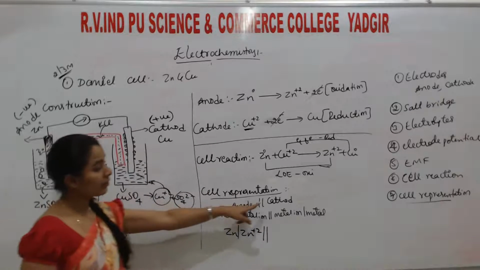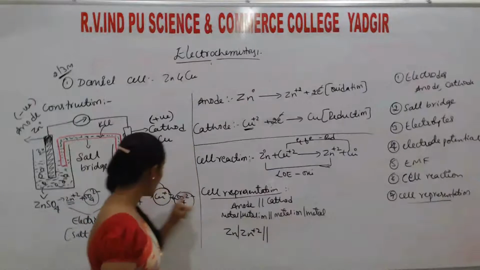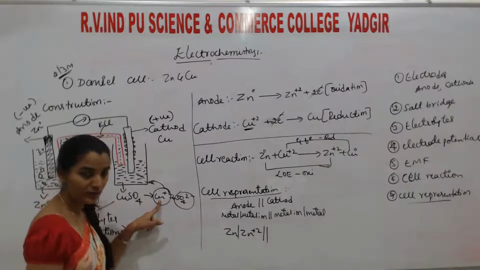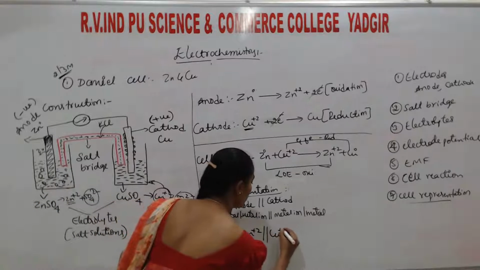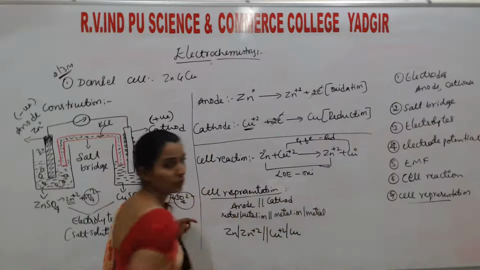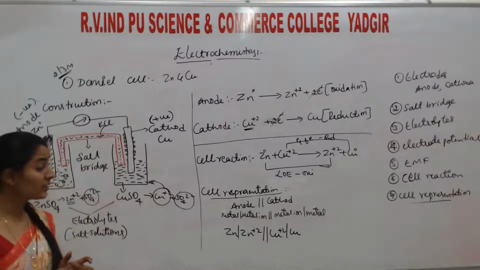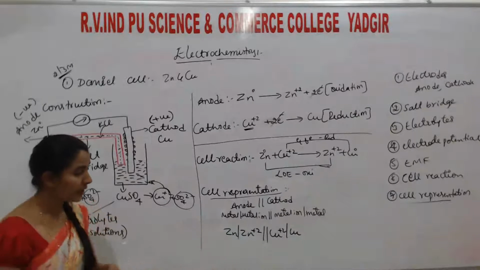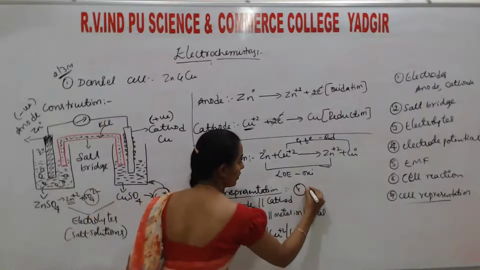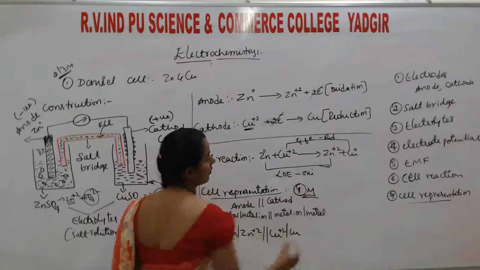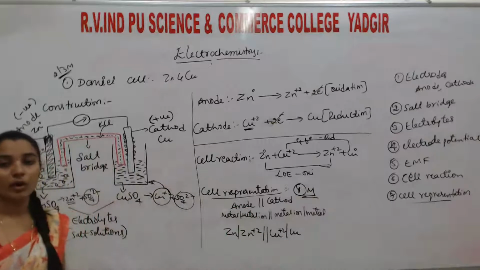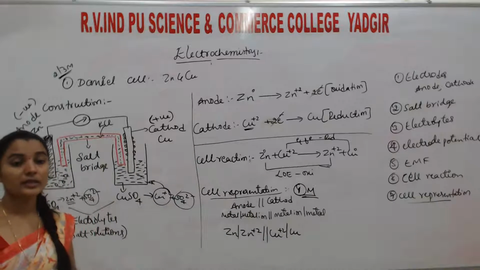Next, metal ion of what? Cathode. Which one is the metal ion of cathode here? That is Cu+2 and Cu. This is the cell representation of Daniell cell, which is very important for 1 mark. Always they used to ask, write the cell representation of Daniell cell.